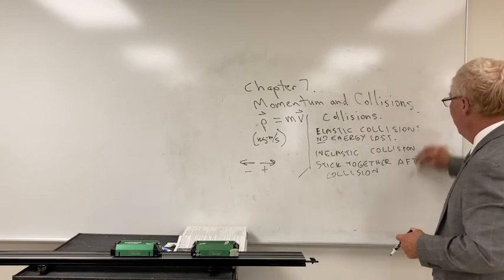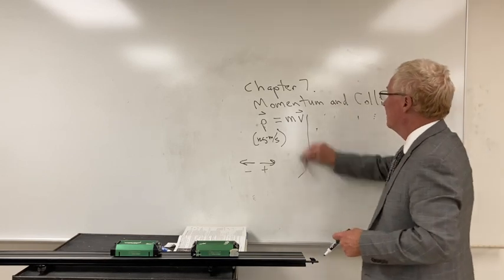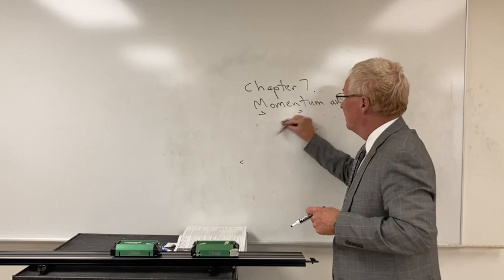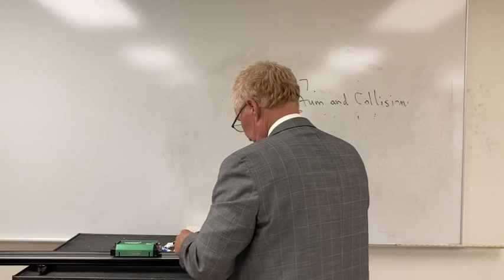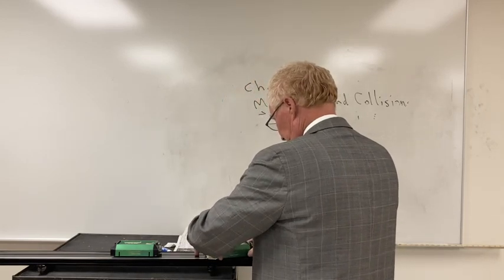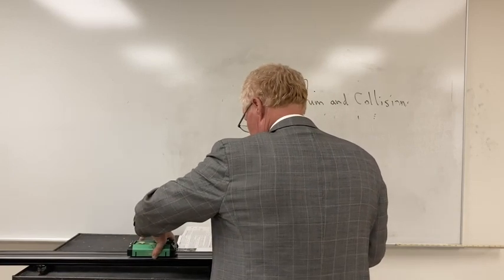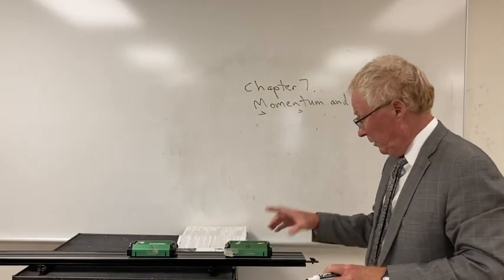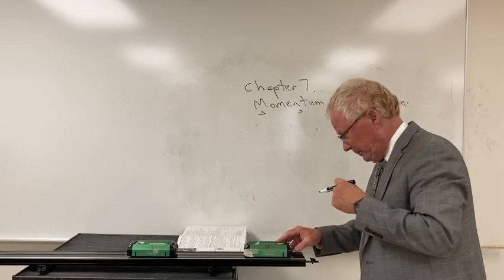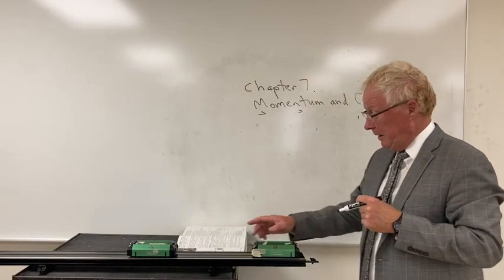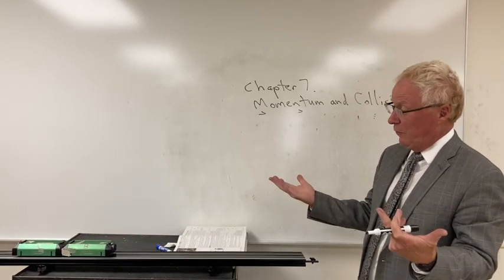So an example would be, put these together, and I have one going relatively fast, and they're going to stick together afterwards. So I shoot it at it, and notice how they go slower afterwards.